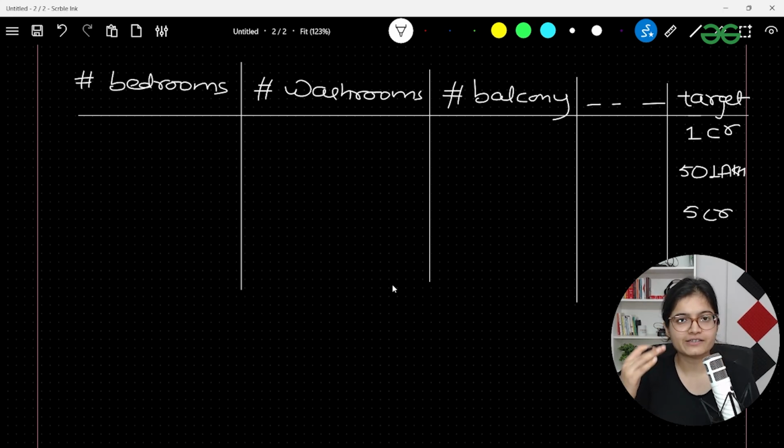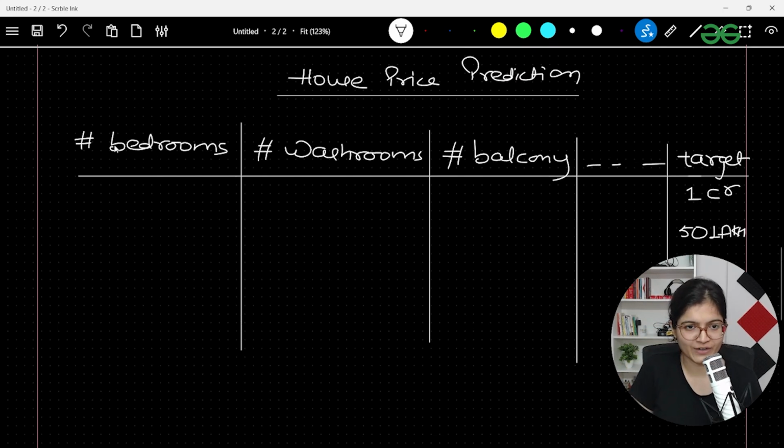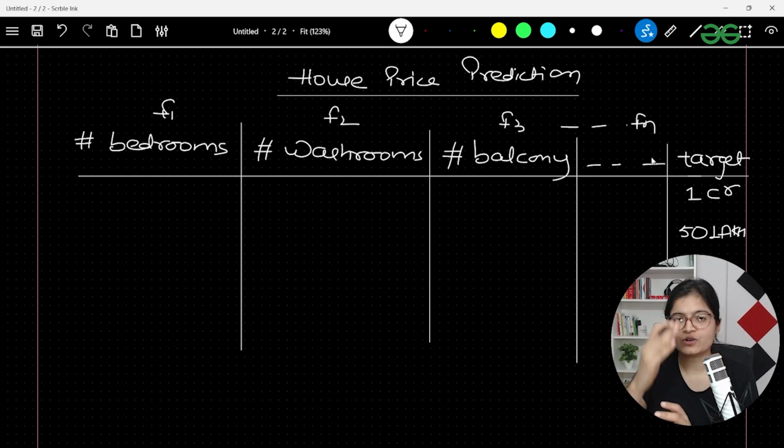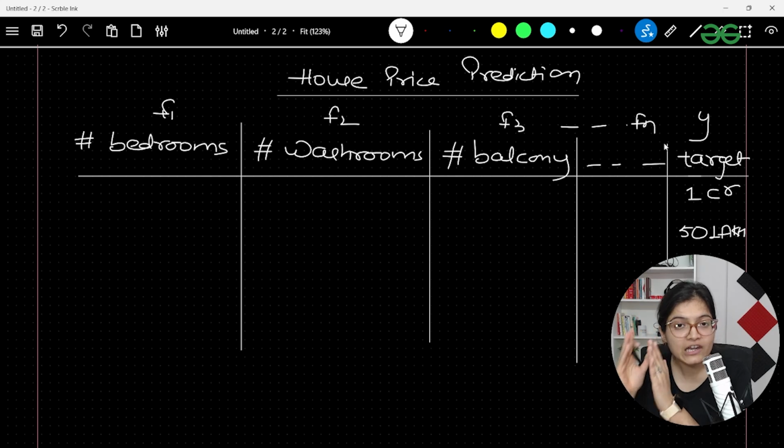So what is happening is that depending upon the feature values f1, f2, f3, until fn, and again, I am talking about the columns available in my data set, the value of y is available. And because the value of y is available, you will call it a supervised machine learning problem.